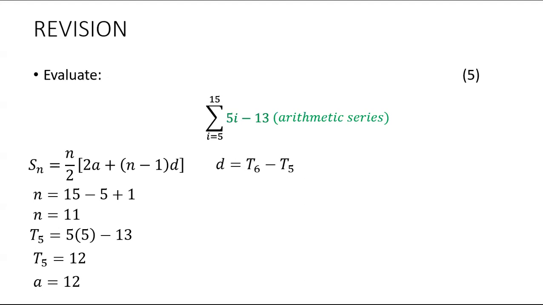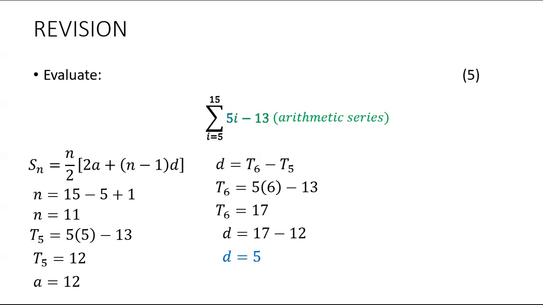So I start by finding T6. Using the general term Ti equals 5i minus 13, where there's i, you substitute 6, and T6 will be 17. To find d, you take T6 minus T5, which is 12, and d will be 5. As I've said, it's normally the coefficient of the variable in your general term.